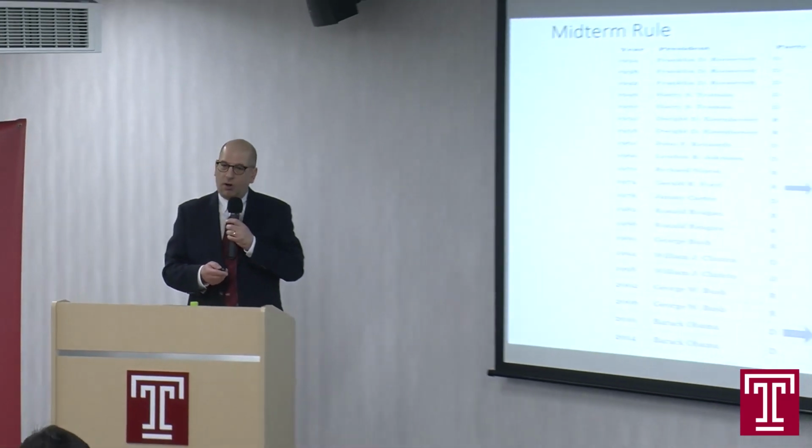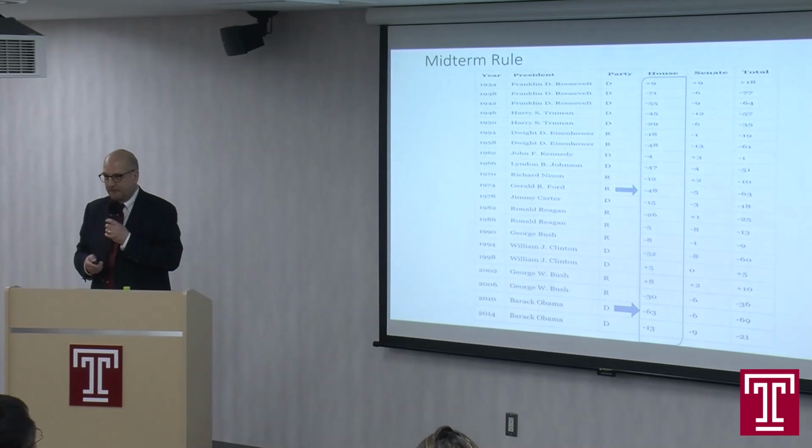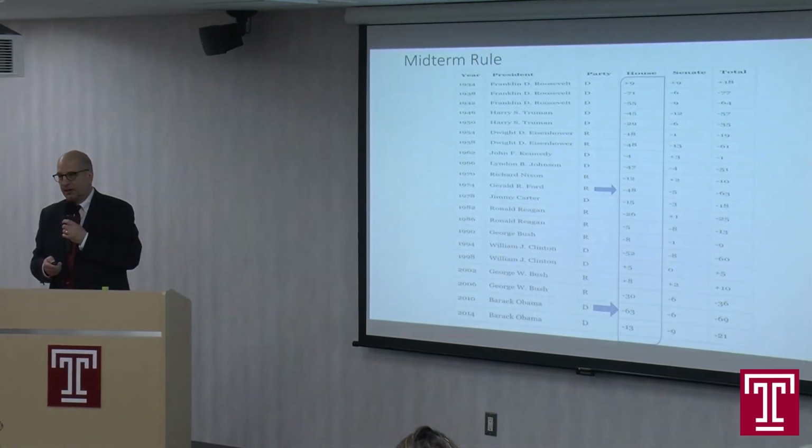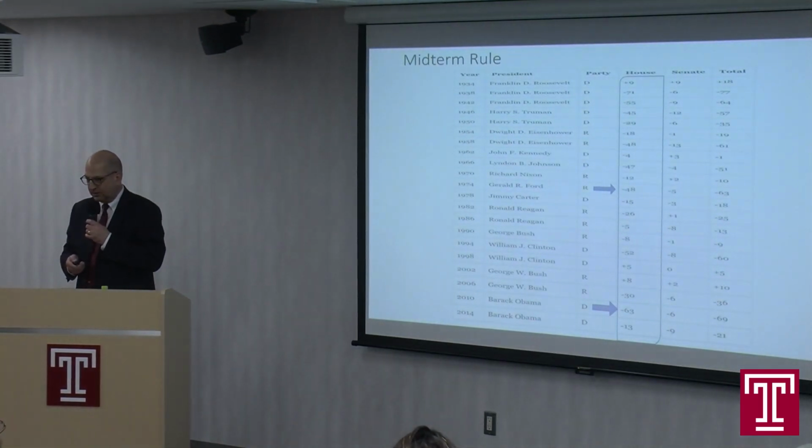Why did it happen? Why did the election turn out the way it did? And the short answer is, I'm not sure. But we can take a look at some factors. First of all, it's a midterm election. The party in power almost always loses seats in their first midterm election, in midterm elections in general.